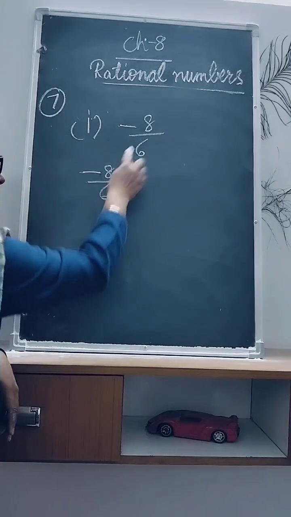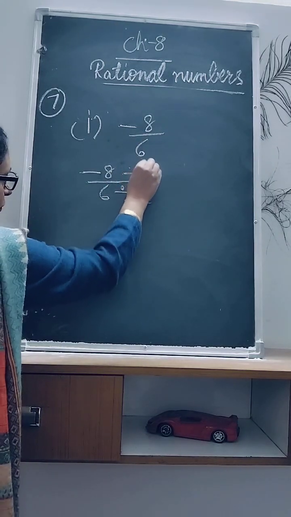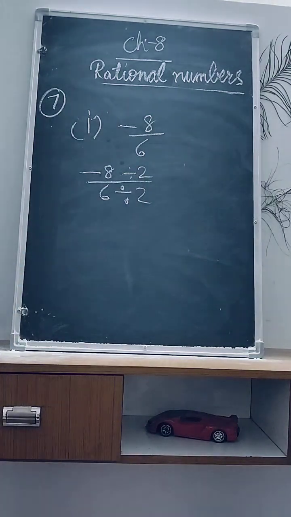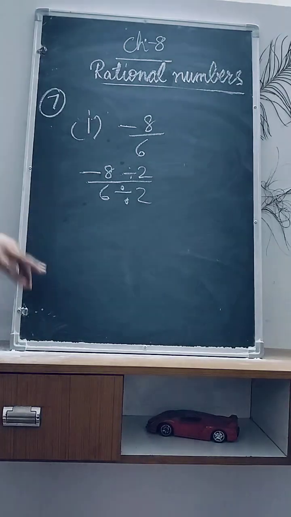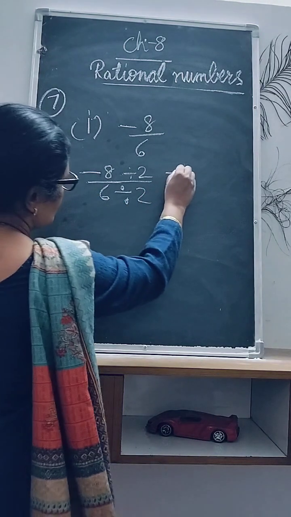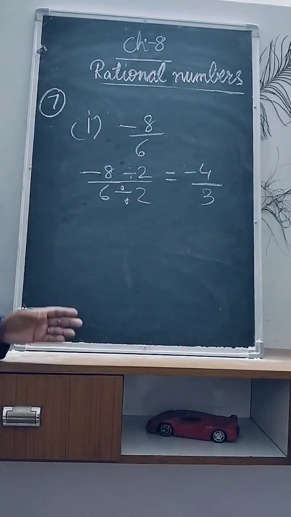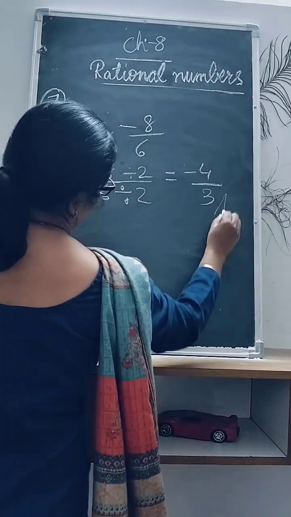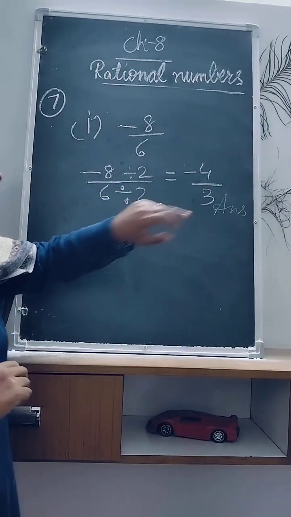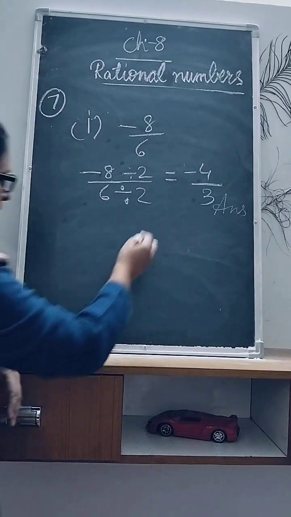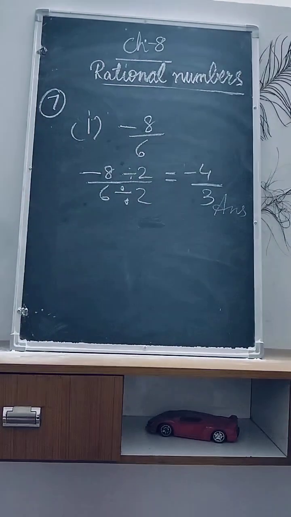So simply write this again and divide both with 2. You can't divide with separate numbers; you have to see the same number, the same table, with which you will divide. So minus 4 and 3. So this is your answer. Minus 4 by 3 is a rational number, and you can just write down the answer.